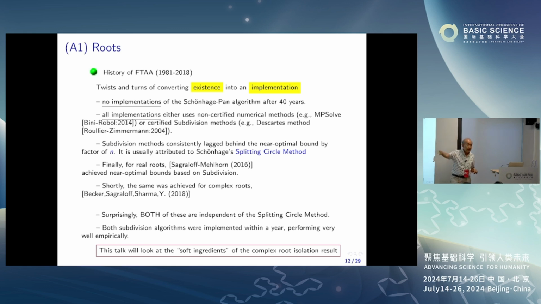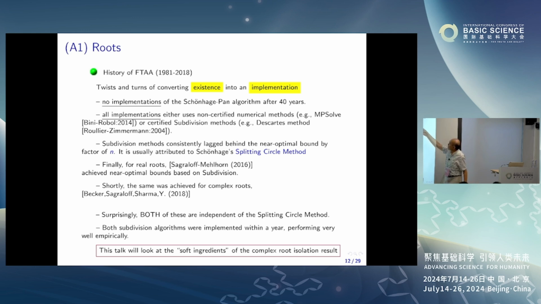The numerical analyst that doesn't guarantee anything. Most of the time they are good, they're very fast, but they don't guarantee they're correct. Versus the certified or guaranteed or validated algorithms, which people in computer algebra and algebraic computation like Maple, Mathematica, like to have certified algorithms.